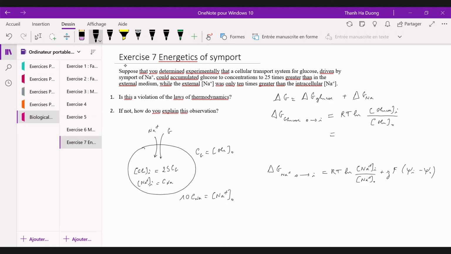There's no value given. Let's say that this is minus 0.07 volt. Okay, and tell me if it's a violation of the law of thermodynamics.